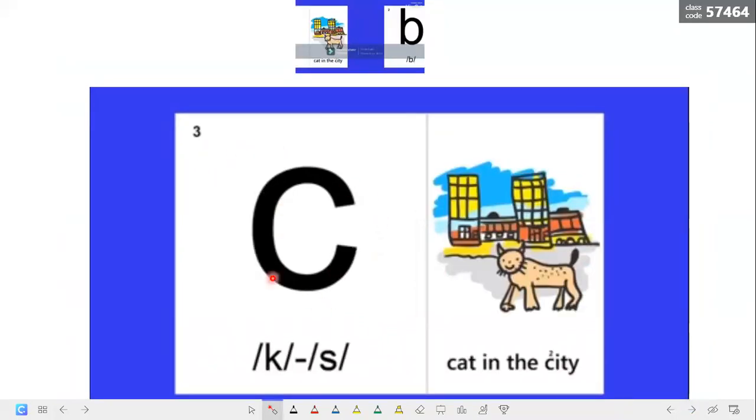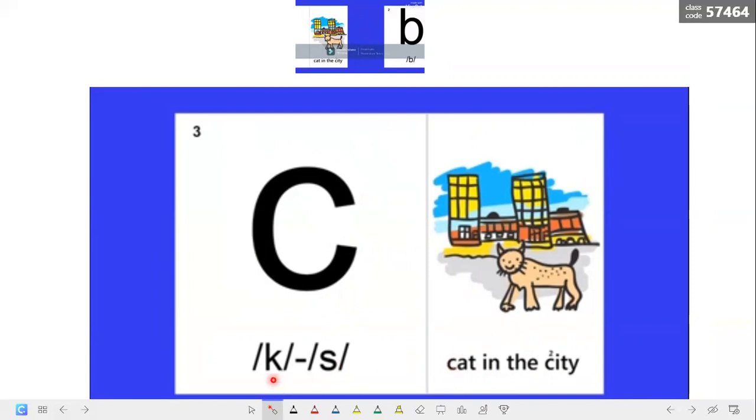Number three, we have the letter C, which has two ways of pronunciation. It could be K and it could be S. So on the other side, we can see the key sentence and the picture in order to help teachers teach the pronunciation easily.